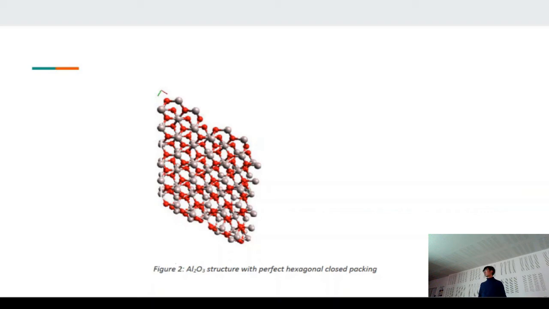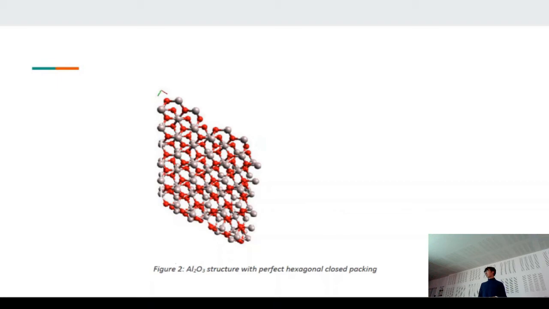So when we're doing our simulation, this is how a pure corundum looks. Another assumption we make, besides the effects of how many impurities you put in, is that we consider a perfect hexagonal packing at the start of the program.